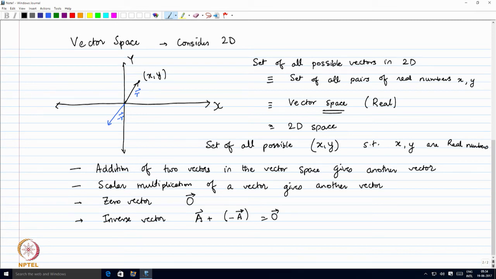These are the basic axioms which define something called a vector space, and the advantage of defining a vector space is that you can now extend this to any dimensions. You can go to 2D, you can go to 3D, but you do not need to stop there. You can go to 4D, and it can be extended to arbitrary dimensions.